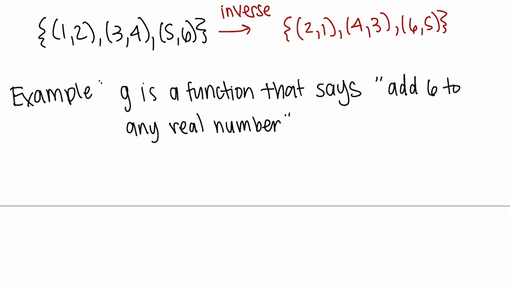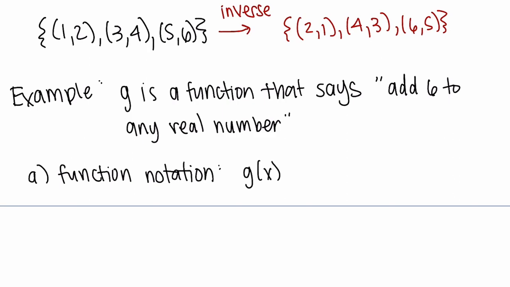So the first thing we're going to do is write that in function notation. So this is our f of x, g of x, h of x, whatever. So I would say g of x equals something. So if x is my input, what would the rest of this equation be?